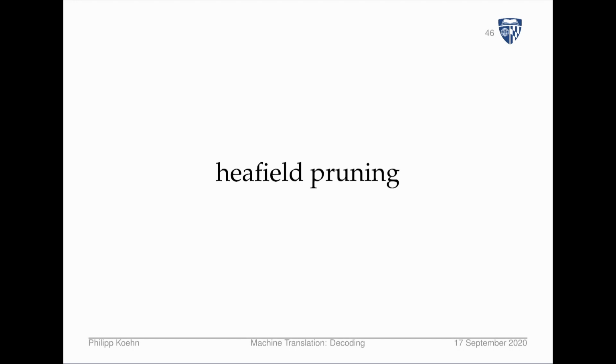Okay, let me finish up with one more sophistication on top of this idea, which I'm calling here Heafield pruning, because it was proposed by Heafield in a paper on more efficient decoding algorithms.